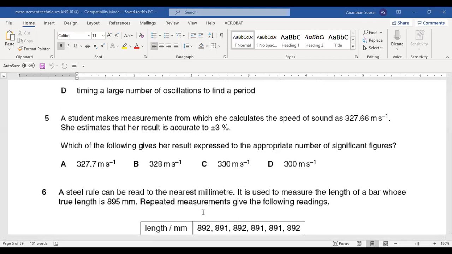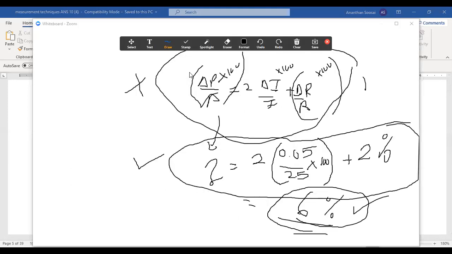Okay, how does it work? So 327 point something, what is that? Plus minus 3% of this is how much?